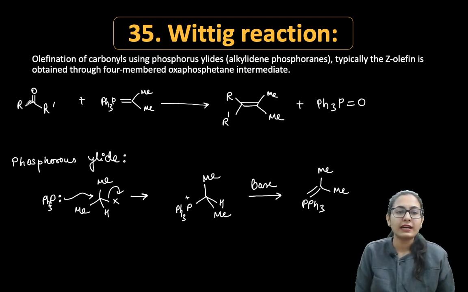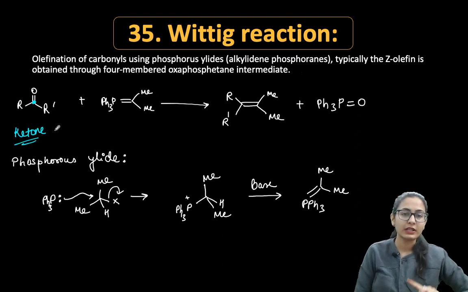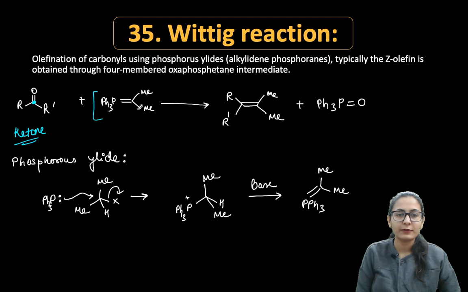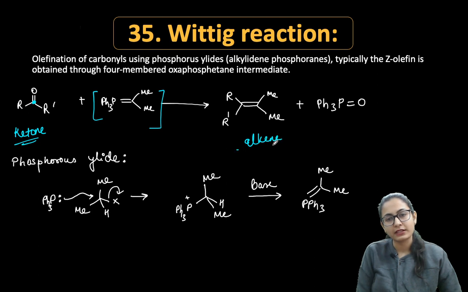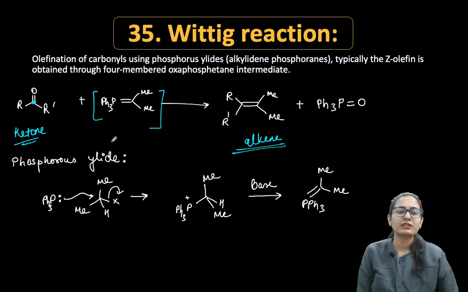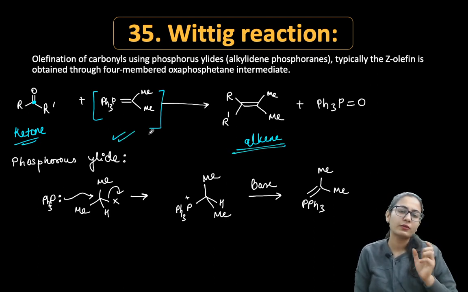Chalo, so we look at this molecule. Let's say you have a ketone to start with. So you are starting with a ketone and you are making it react with a phosphorus ylide like this, and your product is an alkene or an olefin. So depending on the structure of your ylide, you are going to get the product.